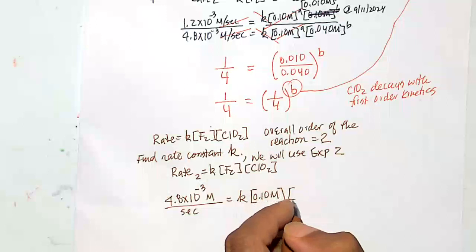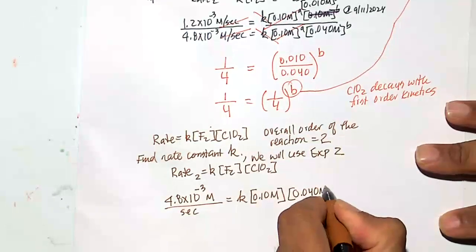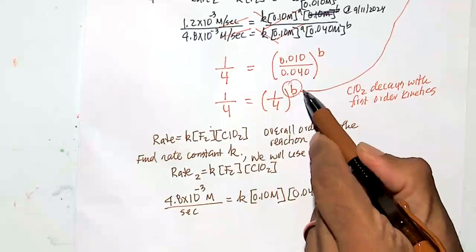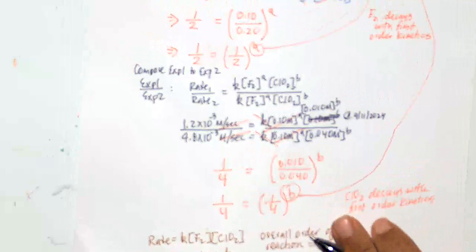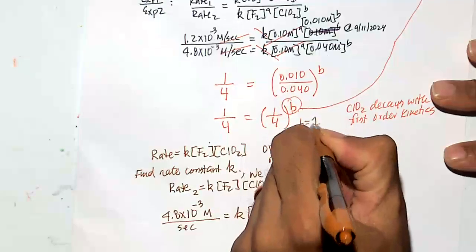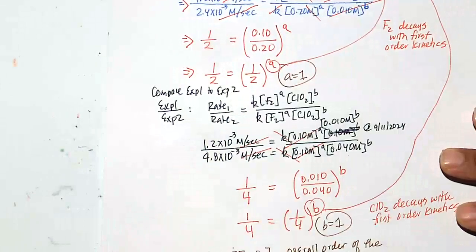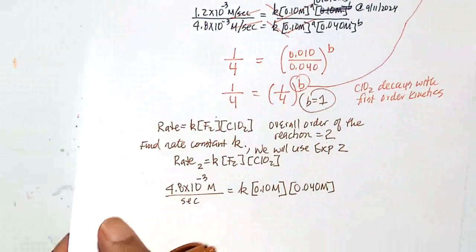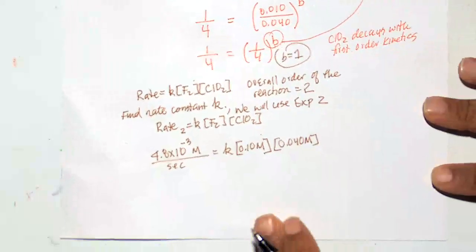First. What was ClO2 for experiment 2? 0.040 molar raised to what power? 1. So this is raised to the 1, this is raised to the 1.